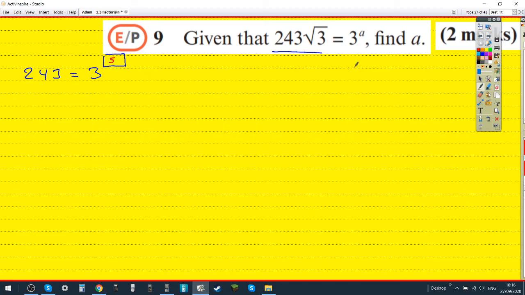Great. And so, how else could you write this question? Would it be given that 3 to the power of 5, and then work out the third form of it? How could you write the square root of 3 as 3 to the power of something?